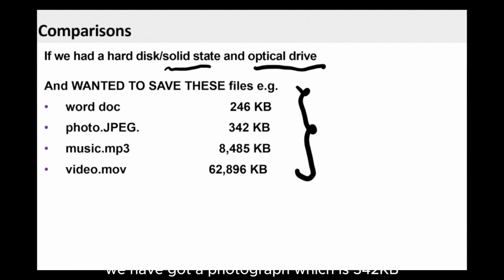We have got a photograph which is 342 kilobytes. We have got a music MP3 8,485 kilobyte, and we have got a video movie which is 62,896 kilobytes. So let's look at different scenarios. If we had to store it on a hard disk, solid state, and optical, how would it work?